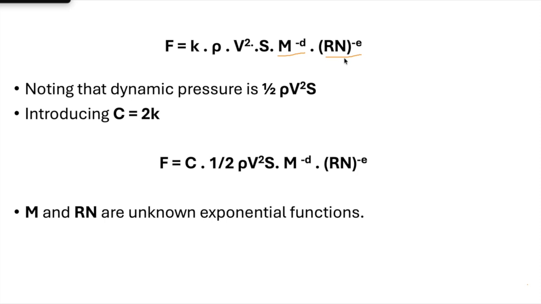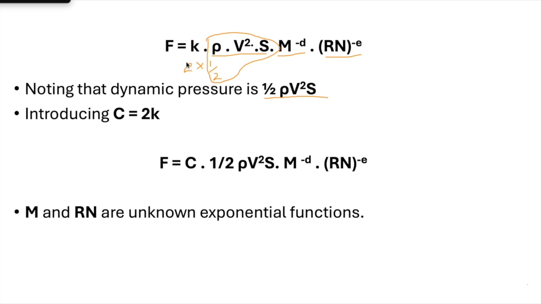So we know that dynamic pressure can be written as half rho V squared S. We have the rho V squared S here, but there is no half. So I am going to multiply the same equation by 2 and divide by 2. So this half rho V squared S is going to be the dynamic pressure.